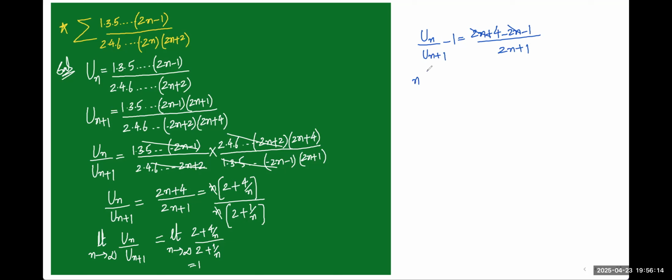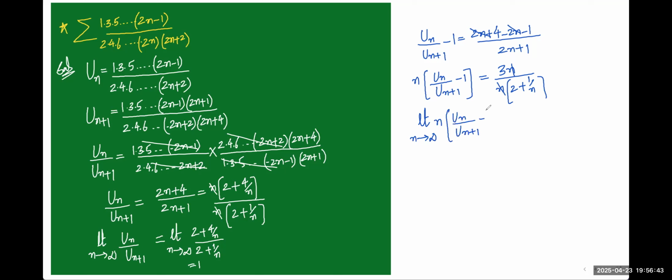Now, according to the statement of Raabe's test, we have to multiply by n on both sides. So here also 4 minus 1 is 3, multiplied by n. In the denominator, similarly we take n common, 2 plus 1 by n, and again these two are cancelled. If you apply the limit, n tends to infinity of n times un by un plus 1 minus 1 equals limit n tends to infinity of 3 by 2 plus 1 by n.